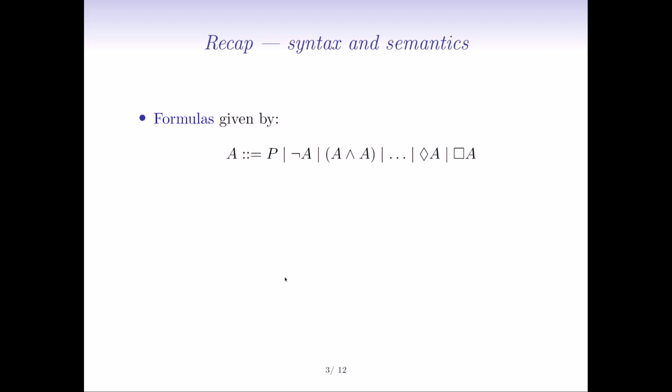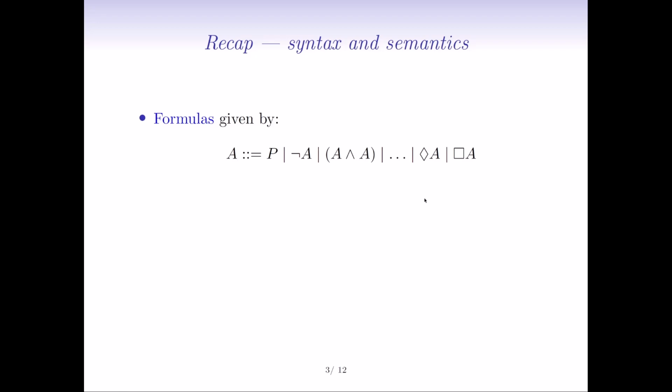So that is to say, a formula of modal logic A is either a proposition letter, and those are the atomic formulas, or they're obtained from modal logic formulas by applying negation, conjunction, disjunction, implication, or by applying one of the two modalities, diamond and box. So if A is a modal logic formula, then so is diamond A, and so is box A. So that's the syntax, extremely simple.